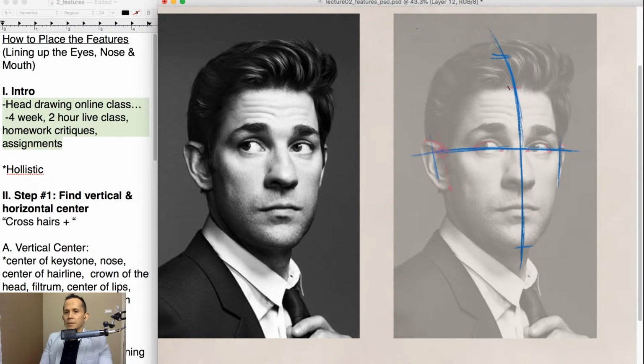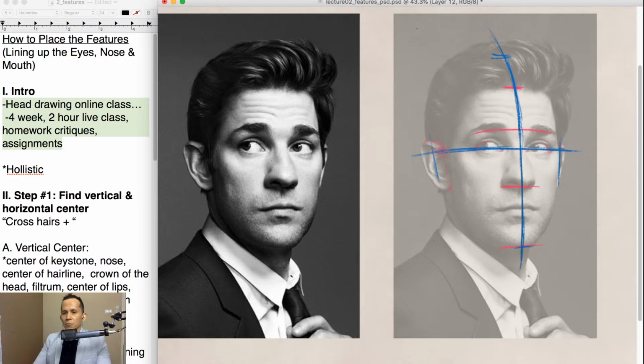The hairline, the brow bone, the bottom of the nose, and the bottom of the chin.